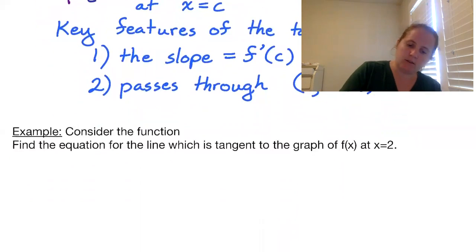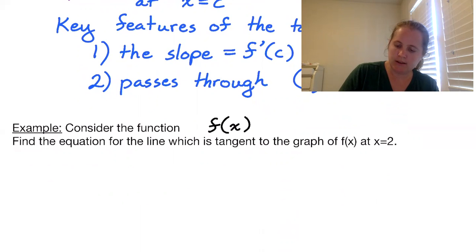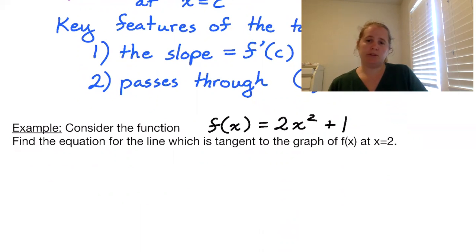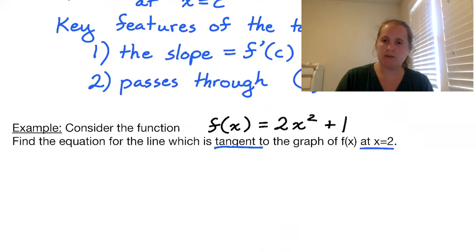So let's go ahead and consider the function f of x is equal to 2x squared plus 1. And then our job is to find the equation for the line, which is tangent to the graph of f of x at the point x equals 2. So essentially, again, we are looking for the tangent line at x equals 2.